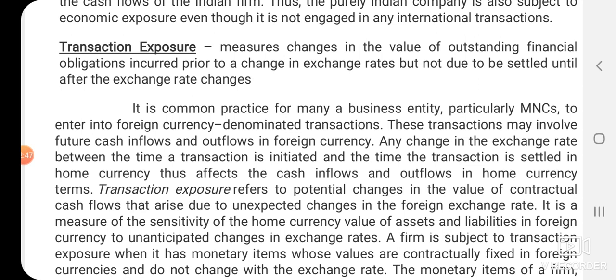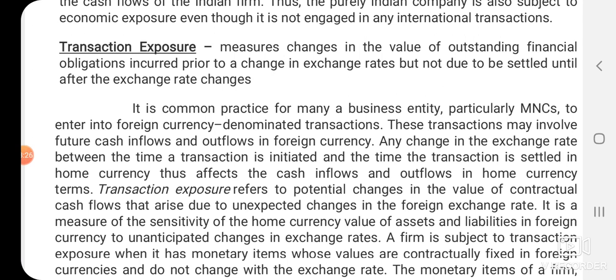Transaction exposure is defined as a type of foreign exchange risk faced by companies that engage in international trade in any worldwide market. Again, transaction exposure is a type of foreign exchange risk faced by companies.